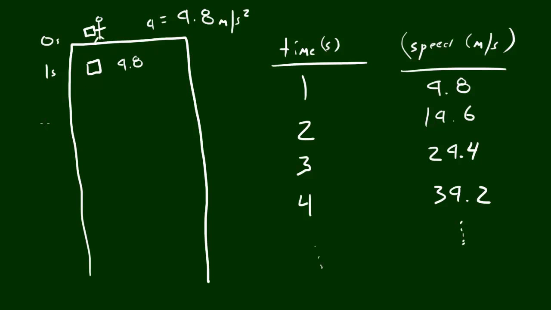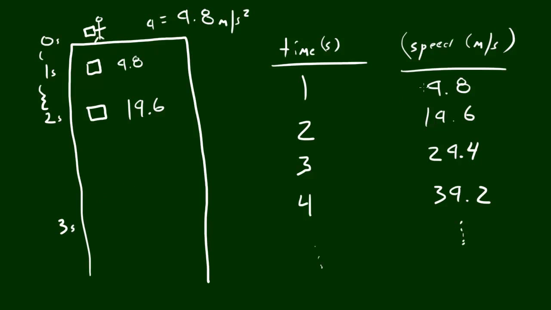Now after 2 seconds, the can of tuna is down here. Now notice that this gap right here is a little bigger than this gap right here, and that is because it picked up speed along the way. So now it's traveling at a speed of 19.6 meters per second. Now after 3 seconds, the can of tuna would be somewhere like way down here.